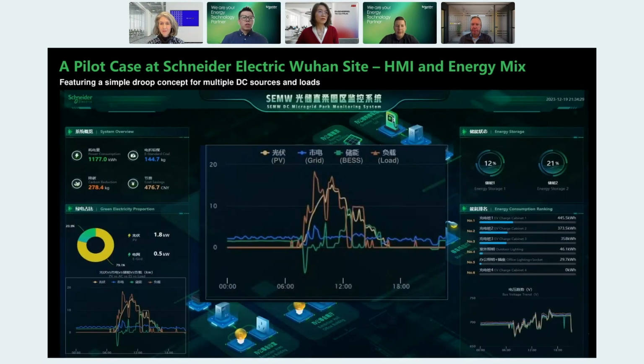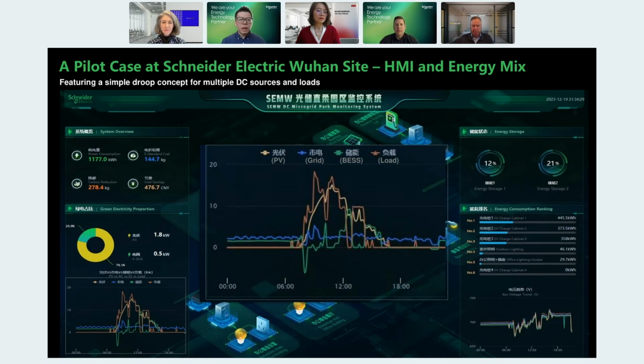On my next page, I wanted to share with you the main human-machine interface for the complete site. This is a typical daily energy mix that we recorded during the early days of operation of this system.